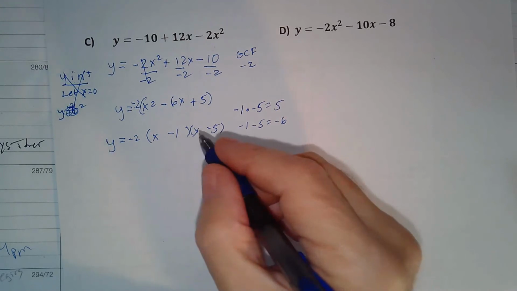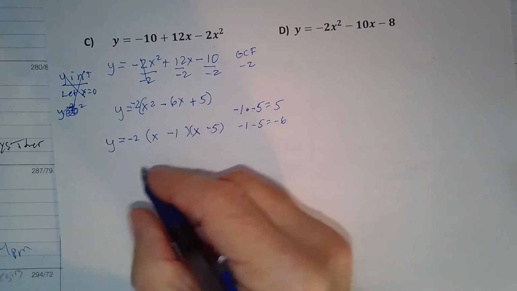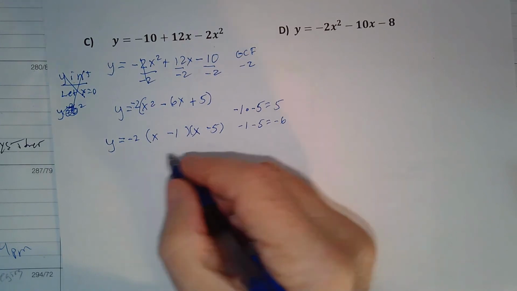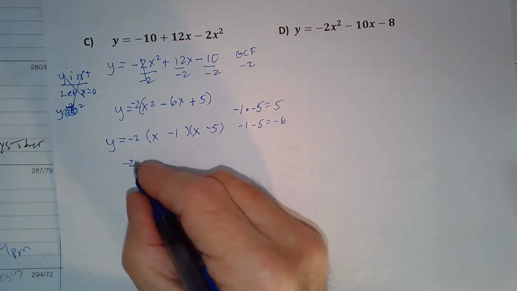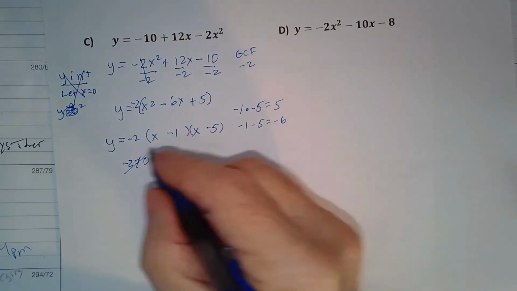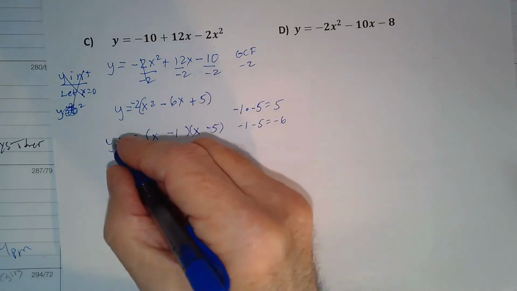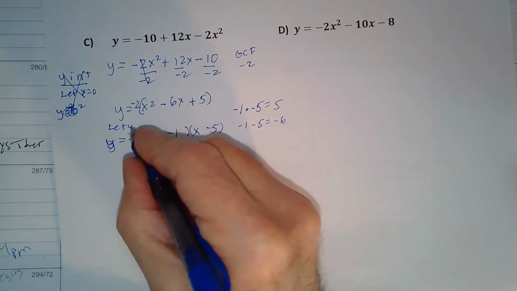So now, again, we would go through and solve. So we know, again, negative 2 does not equal 0, so we can just get rid of that. Remember, this y is going to equal 0, so let's change this to let y equal 0.